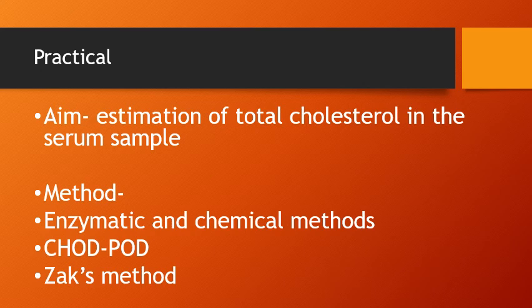Among these two, the enzymatic method is the most commonly used because compared to the chemical method, it is more sensitive, specific, takes less time, and the results are very much reliable.